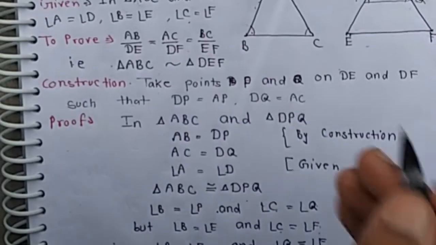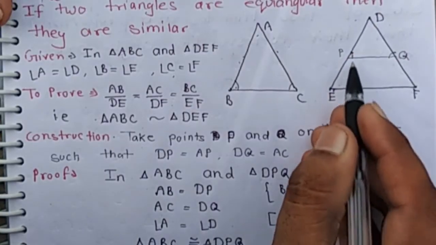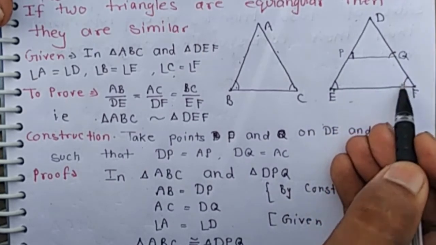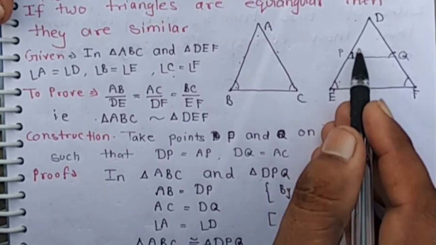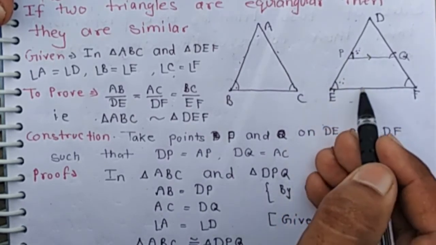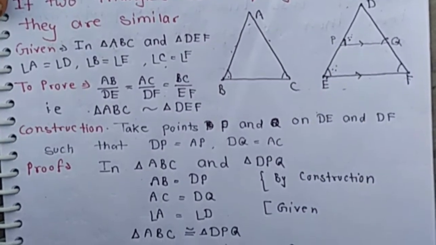Angle P is equal to angle E, and angle Q is equal to angle F. These are corresponding angles that are equal, which means the line PQ is parallel to EF.